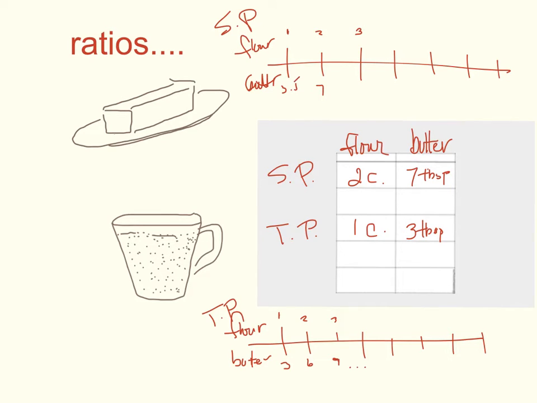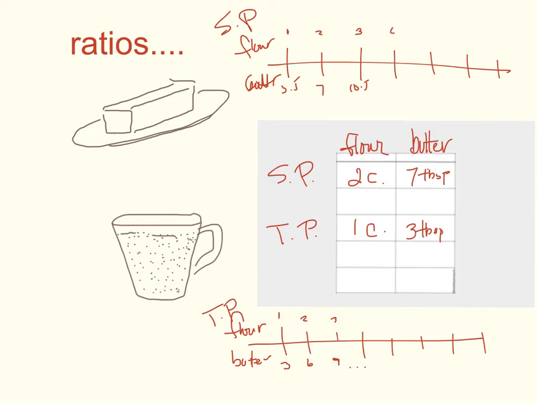So if you want to know, well, what if there were 3 cups of flour, how much would I use? I could say, well, the difference between 3.5 and 7 is 3.5, so I have to add another 3.5, so it would be 10.5.